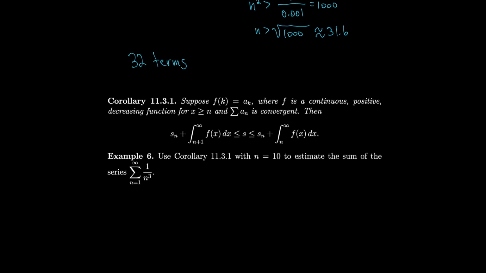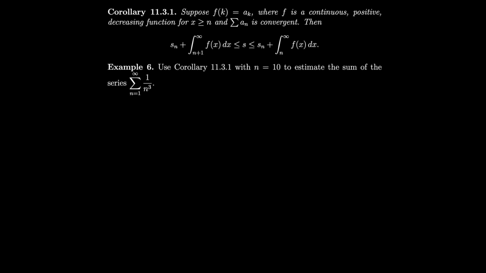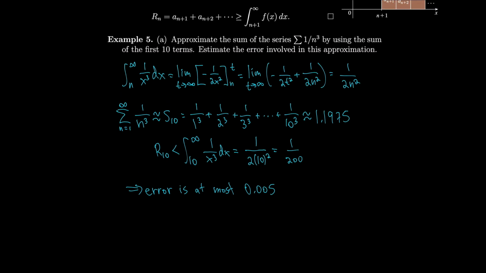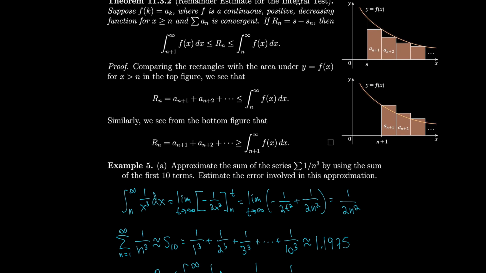This leads us to our next theorem, which we'll call a corollary, that if f of k is ak, where f is a positive continuous decreasing function, notice we're using k because we're already using n, then if we just take this estimate over here that we had, remember, Rn is s minus Sn.